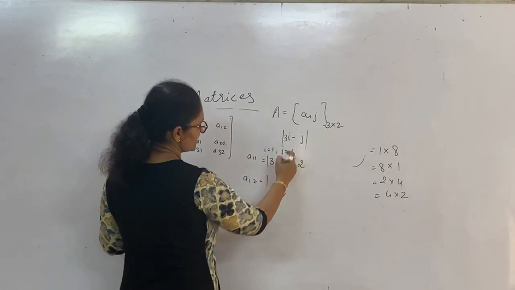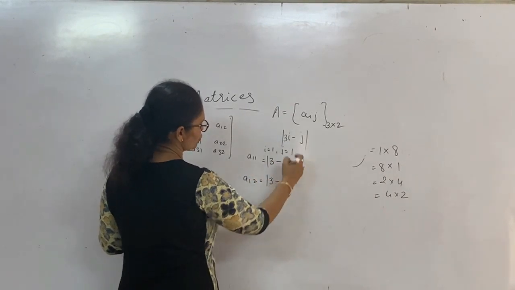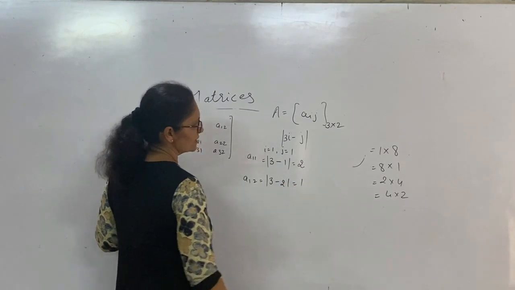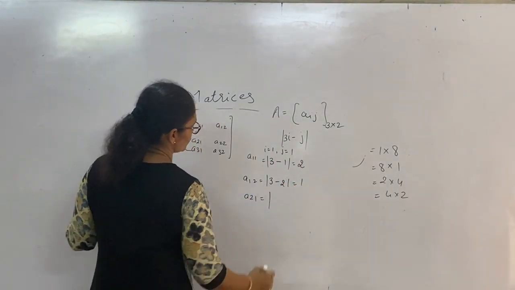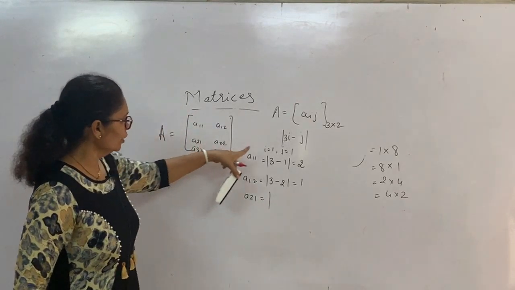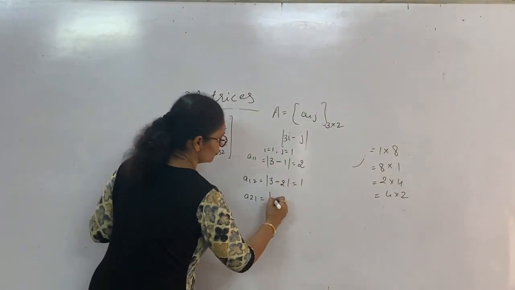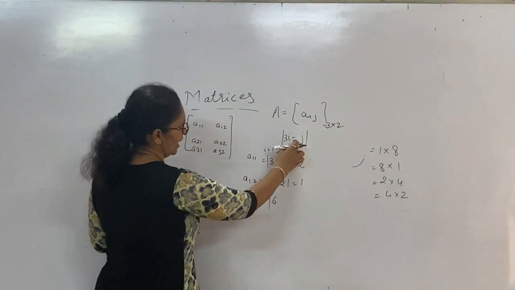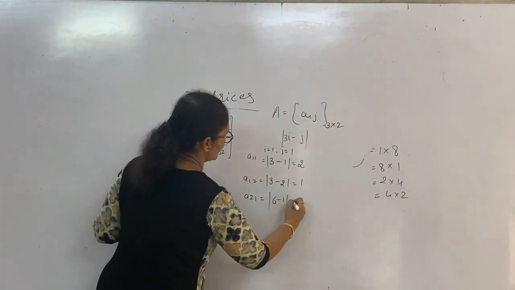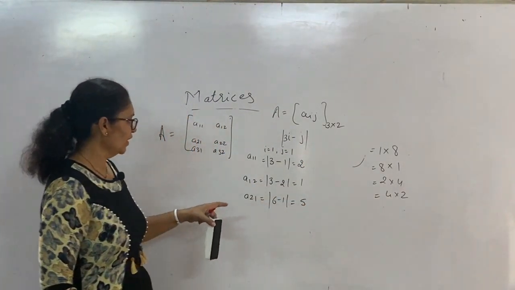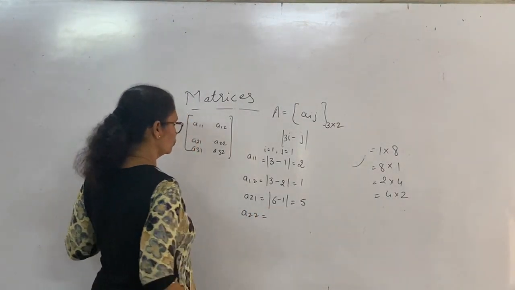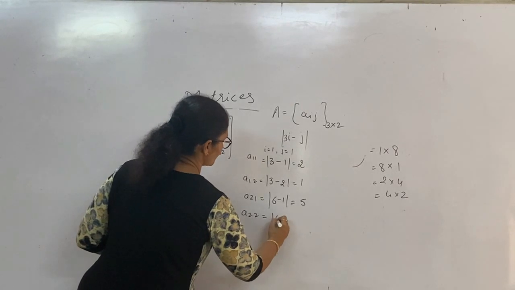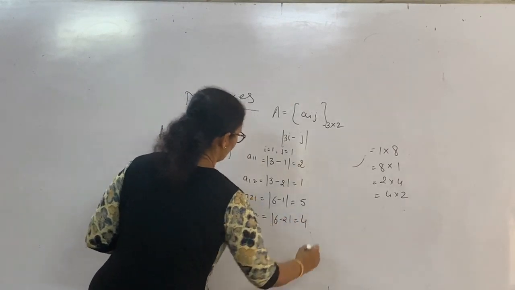a12 means 3 ones are 3 minus 2, j is 2, so the answer is 1. Now a21. What is i? 2. 2 ones are 2, 2 threes are 6, and minus 1, so the answer is 5. Now a22: i is 2, j is 2. 3 twos are 6, minus 2 will be 4.